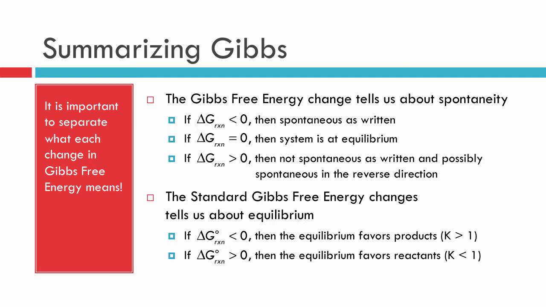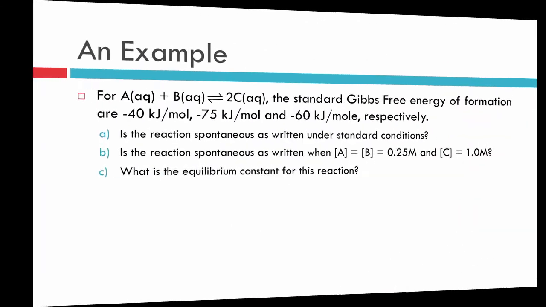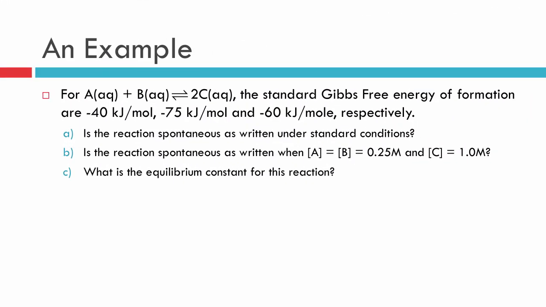And if delta G naught is greater than 0, then our equilibrium favors our reactants. K is less than 1. So this is very important stuff to know right here. You should know this sheet inside and out and sideways because this is the description of thermodynamics and chemistry right here. So let's do an example, see all this stuff come alive, and we're going to go through it fairly quickly because you can skip through and check these things out.